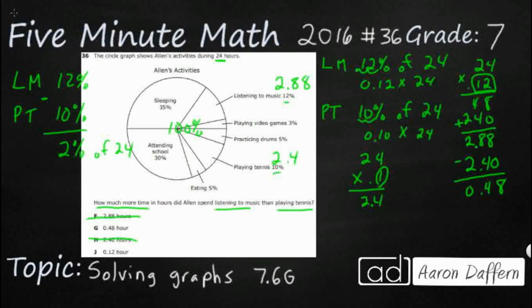So 2%, let's make that into a decimal, 1, 2. So it's the same as 0.02, excuse me, of, or times 24. So really, let's just do that. 24 times 0.02, that's 48. Then you get a whole bunch of zeros.